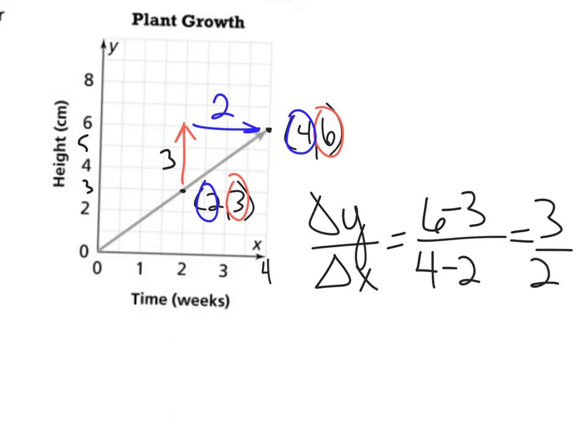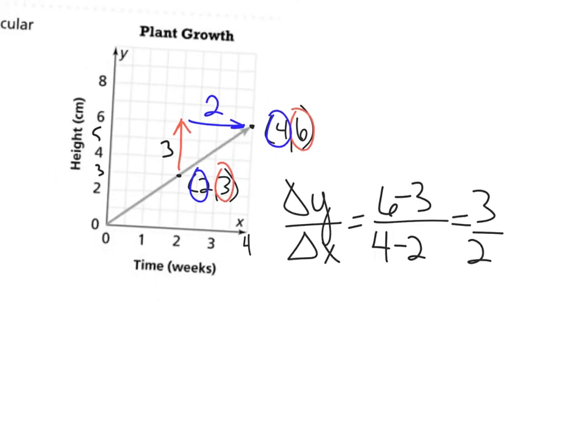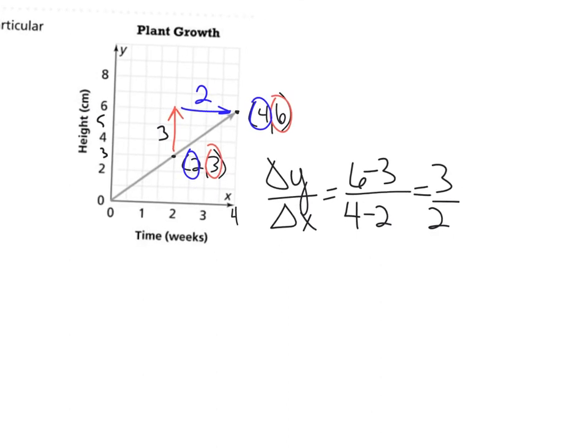Okay, this time we are talking about how much a plant is growing over time. So it probably would make sense for us in this case to actually find a unit rate. Just divide that out. So if we divide that out it is 1.5. And if we look at our units, slope is change in y over change in x.